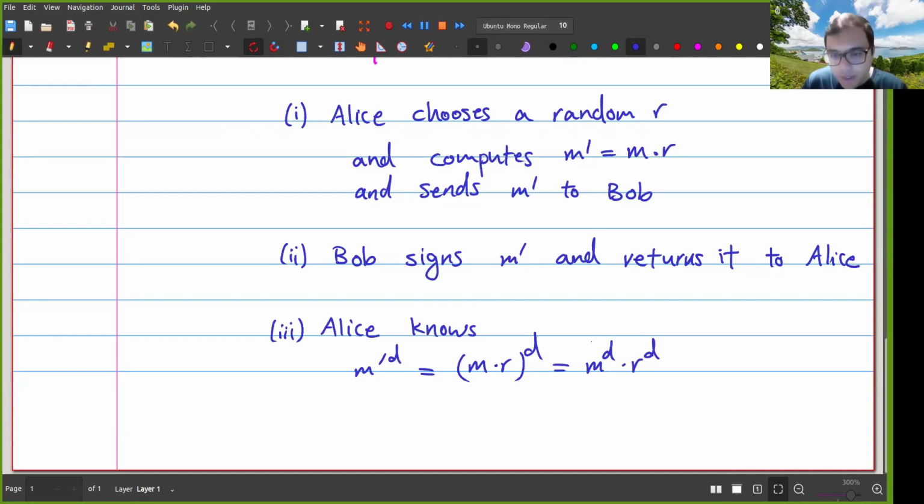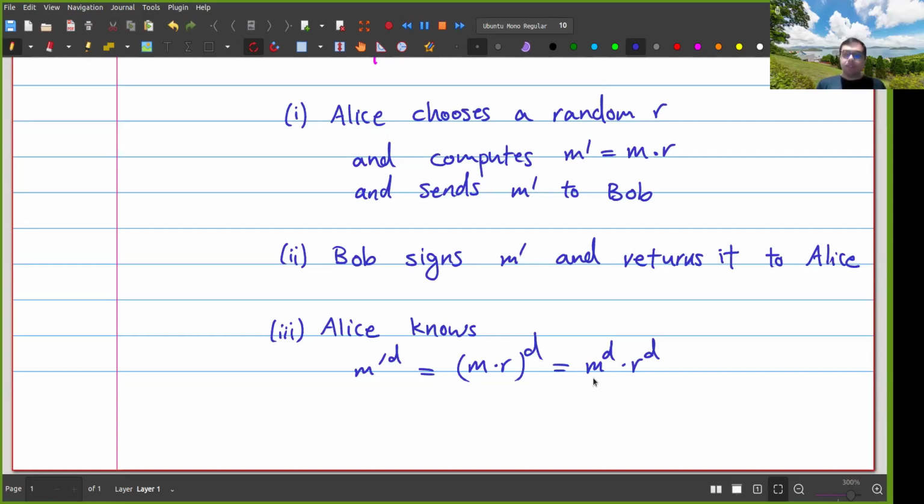And this M^D part is the signature that she wants, but unfortunately, there is also this R^D part, and she doesn't know how to get rid of this because she knows R, but she doesn't know R to the power of D, right? Because remember, D was the private key of Bob. Only Bob knows D. Alice doesn't know R to the D. So at this point, Alice gets stuck. She has some signature that is somehow related to the signature that she actually wants, but she cannot find the signature that she actually wants.